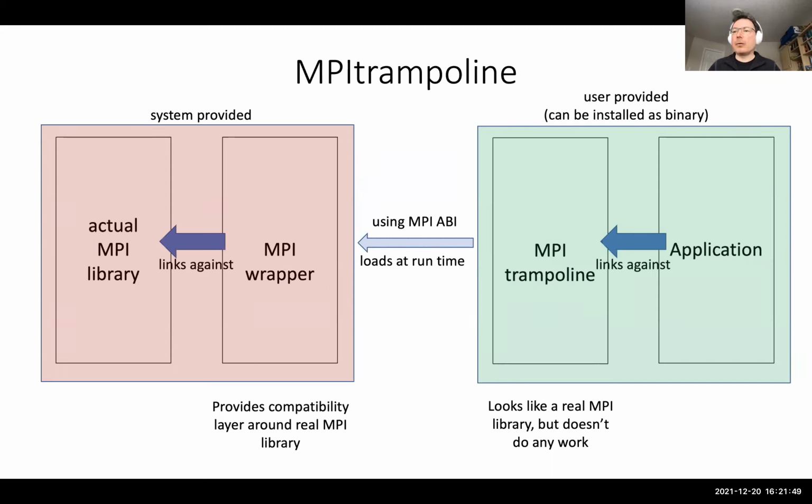That's the one that OpenMPI wouldn't have, because in the actual MPI library, they made certain changes, and these changes are different for every MPI implementation. And the MPI wrapper translates it to a well-defined ABI that is then used here to communicate. And then you could have different MPI wrappers on an HPC system, and you could point to a different one as well.